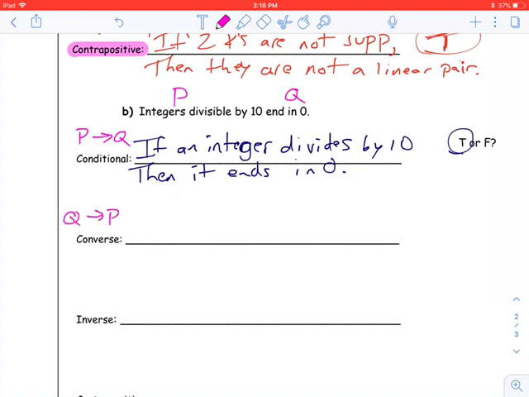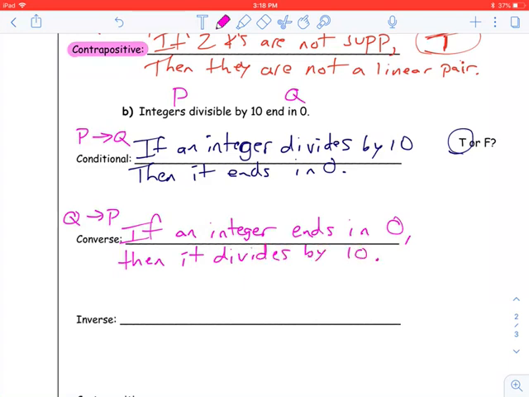Okay? So this is switching them. Q implies P. So for the converse, if an integer ends in 0, then it divides by 10.